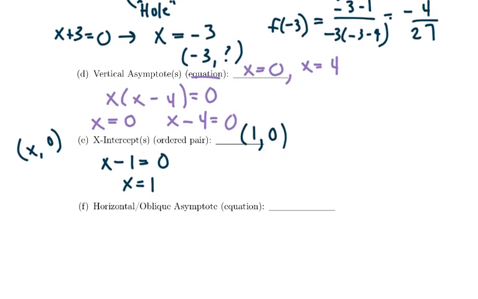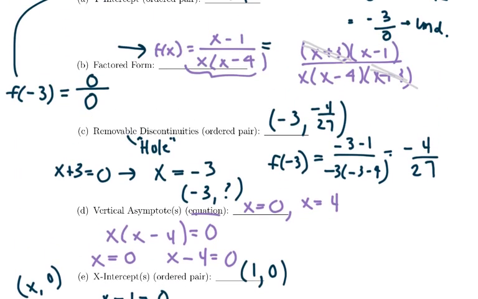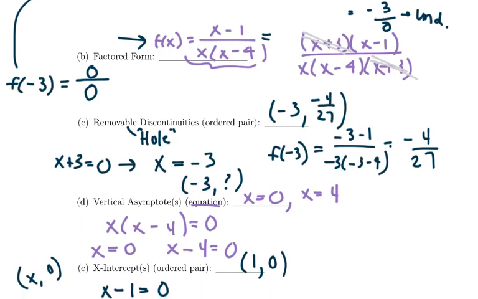And then last but not least, we find our horizontal asymptote. We haven't done oblique asymptotes yet, so you can kind of ignore that part. It's going to be horizontal. So we're in one of three situations: the degree of the numerator is greater, the degree of the denominator is greater, or they're the same.